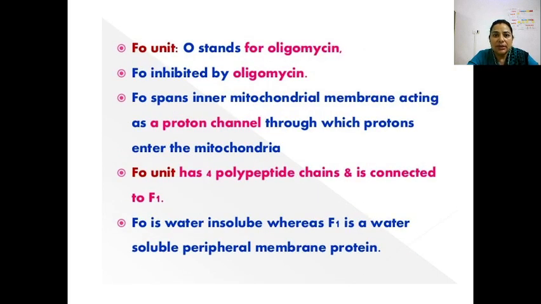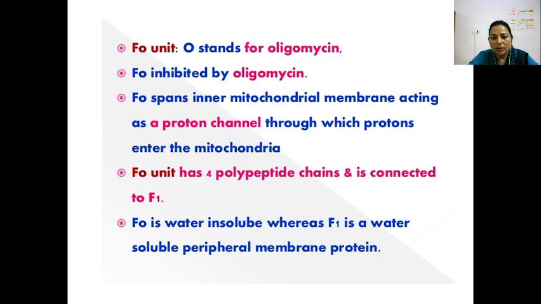The F0 unit, the O stands for oligomycin. F0 is inhibited by oligomycin. F0 spans the inner mitochondrial membrane, acting as a proton channel through which protons enter the mitochondria. The F0 unit has 4 polypeptide chains and is connected to F1.